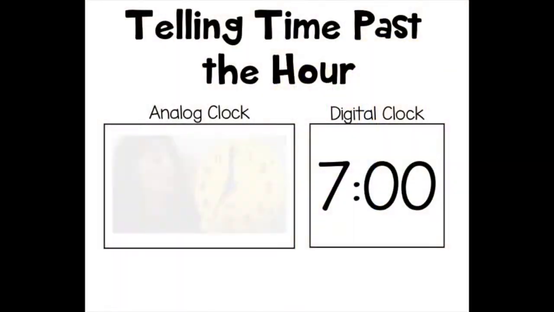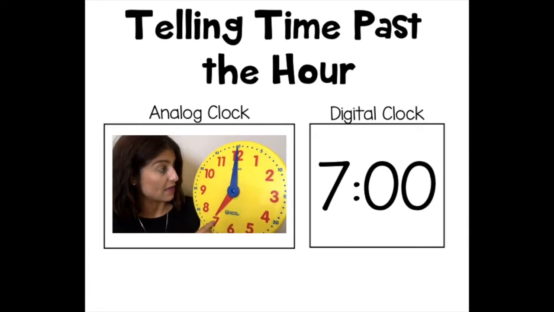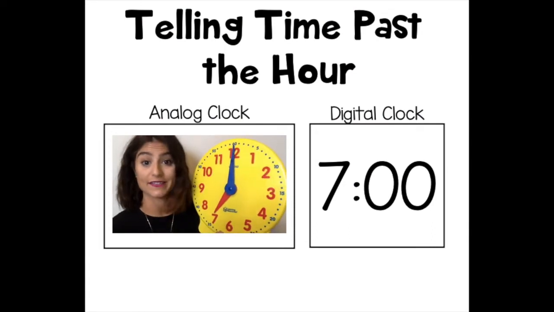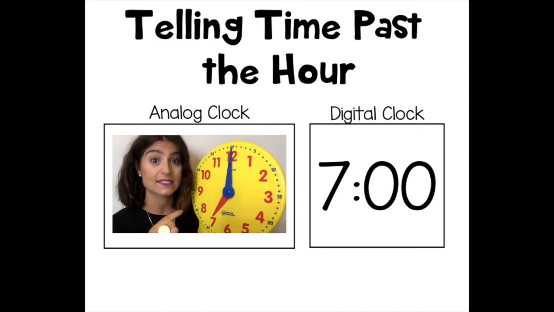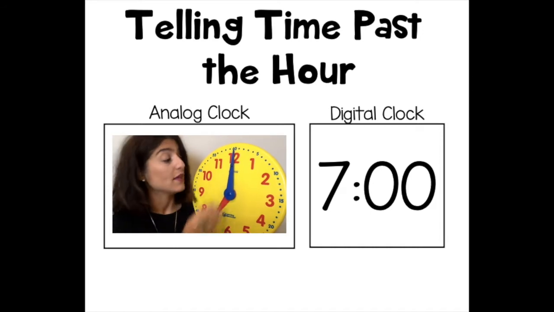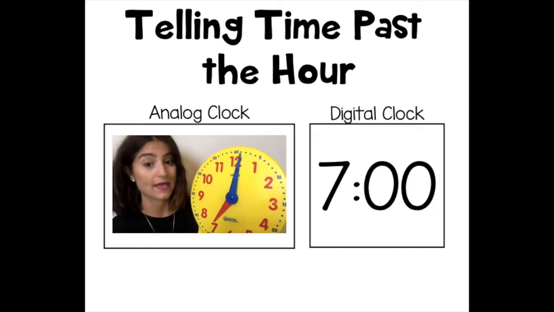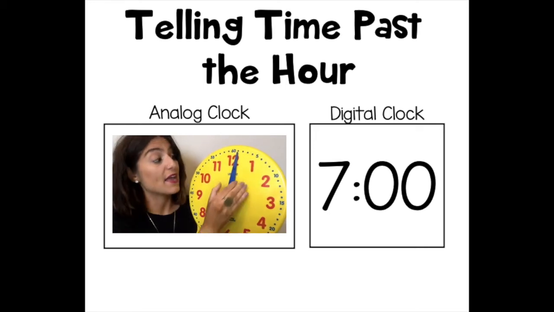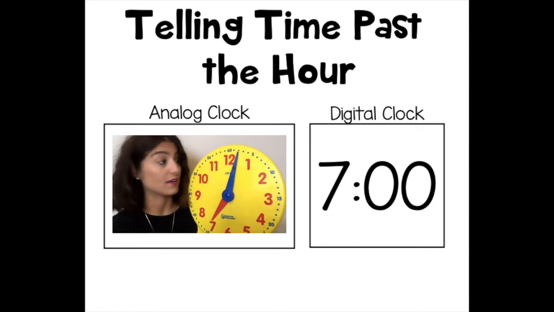Let's do it. This clock is showing that it's 7 o'clock, right on the dot. But every 60 seconds, 1 minute goes by. So after 60 seconds, we have 1 minute past 7 o'clock. And then another minute will go by, and it's 2 minutes past 7 o'clock.